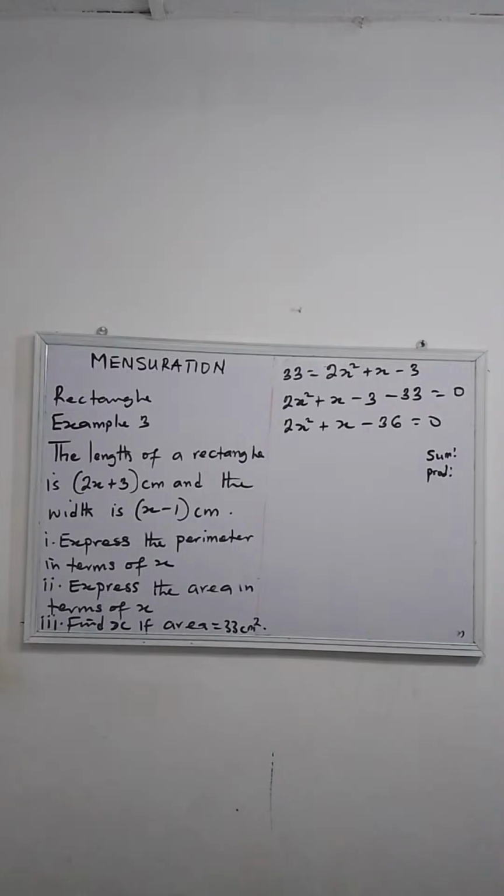Okay, any other person? Okay, show me there. Sum plus 1, product negative 72. That's Raji. I can see your answer. Any other person?